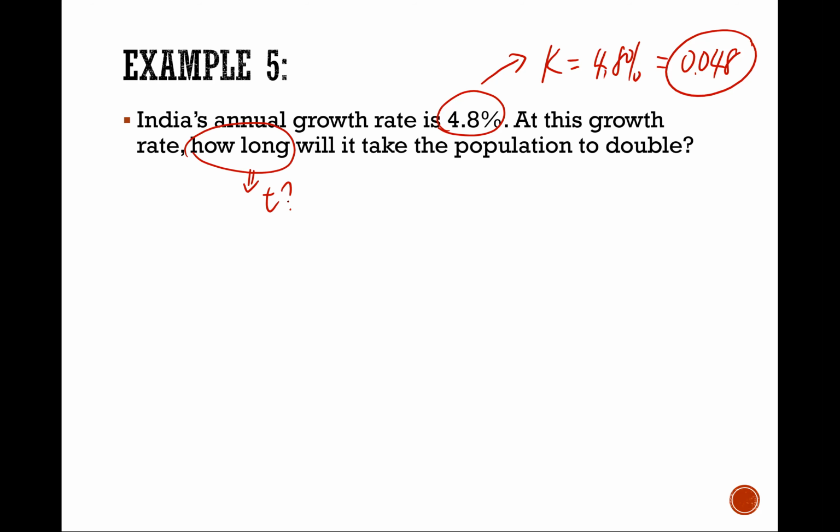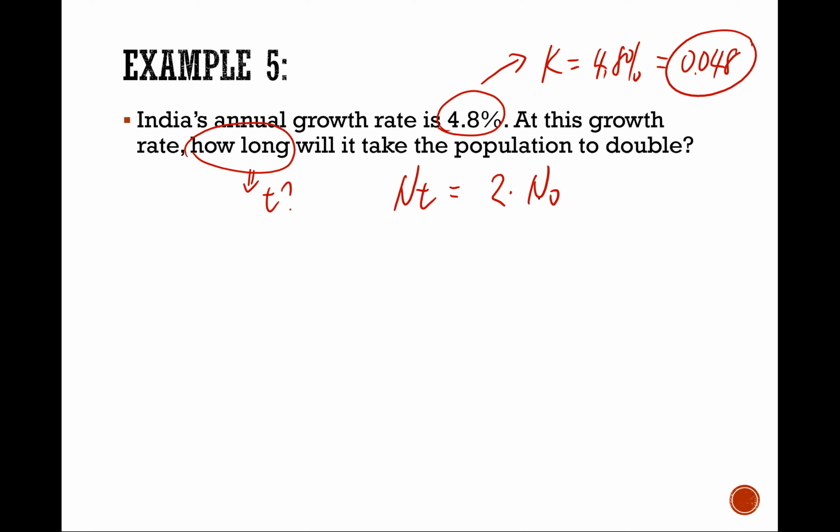There's no actual number for the initial population or the population after time t, but there's a relationship: in order for the population to double, N(t) after t years becomes twice as much as N0. This is one of the given conditions.